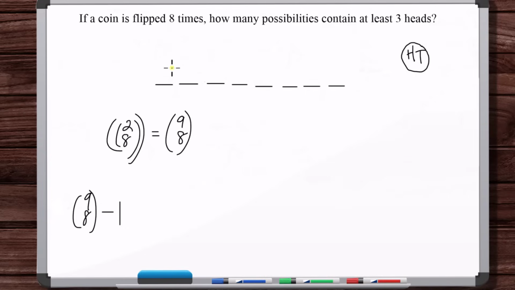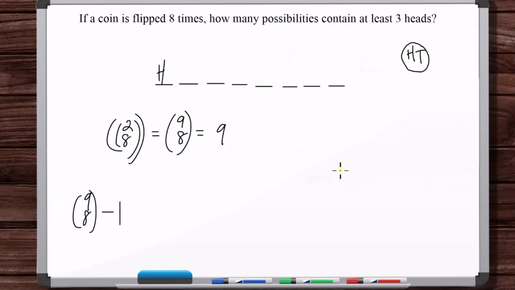All tails, one outcome. If you've got one head and the rest tails, well, that might not be what they're saying here. That's just one outcome as well. The total outcomes for this entire system is 9 choose 8 is 9, right?